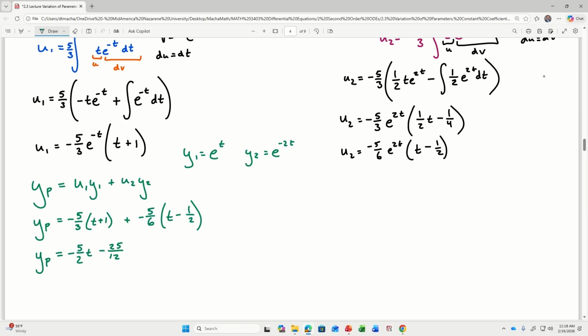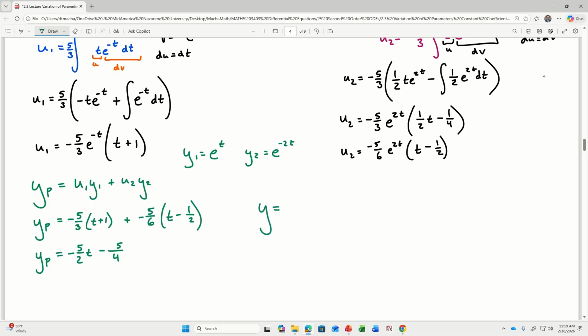Negative 20 twelfths plus 5 over 12ths makes negative 15 twelfths. And negative 15 twelfths is negative 5 over 4. Very good.